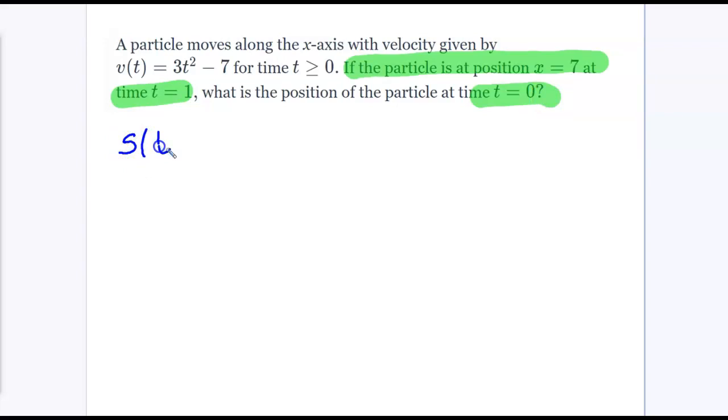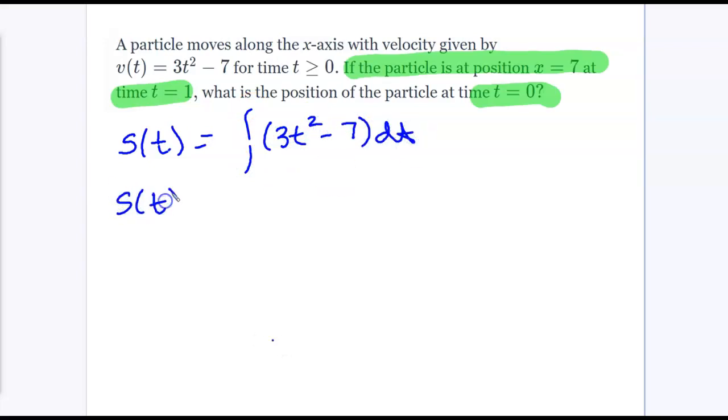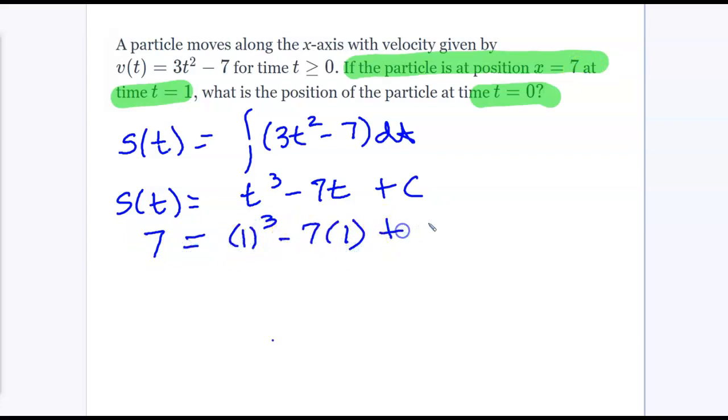So again, to find the position function, I'm going to integrate my velocity function. So this is going to be t cubed minus 7t plus a constant. And I'm going to use the initial condition that when t is 1, the position is 7. So if I add 7 and subtract 1, I'm going to get my constant is going to be 13.